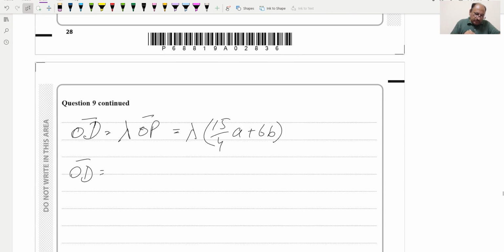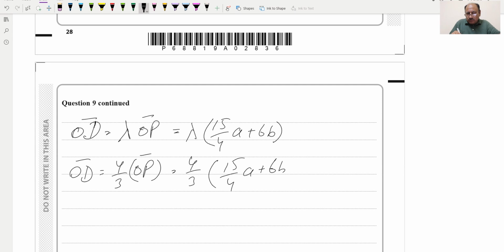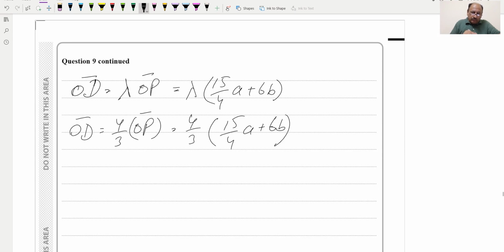So we also know OD is equal to 4 by 3 of OP, and OP is what? 15 by 4 of A plus 6 of B. Now OD is also equal to, if we solve this one, if we open this bracket, 4 by 3 into 15 by 4 of A plus 4 by 3 into 6B, and after cancellations we can cancel these two, and 3 2s are 6 and 3 5s are 15.